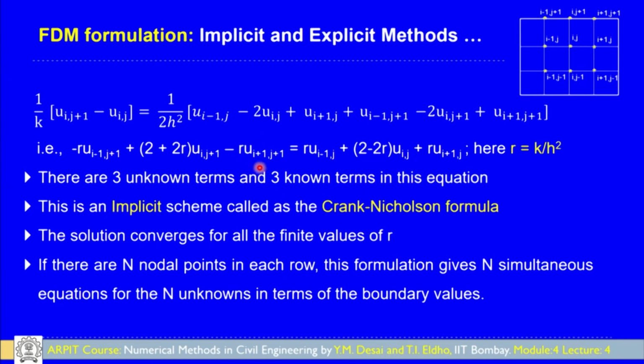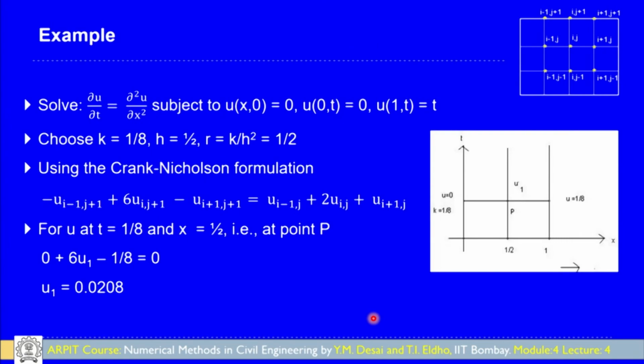That is why it is called the implicit method, and it is more stable. That is the difference between implicit and explicit methods. If there are n nodal points in each row, this formulation gives n simultaneous equations for the n unknowns in terms of the boundary values. So that is about the implicit and explicit finite difference methods, their difference and how we formulate them.